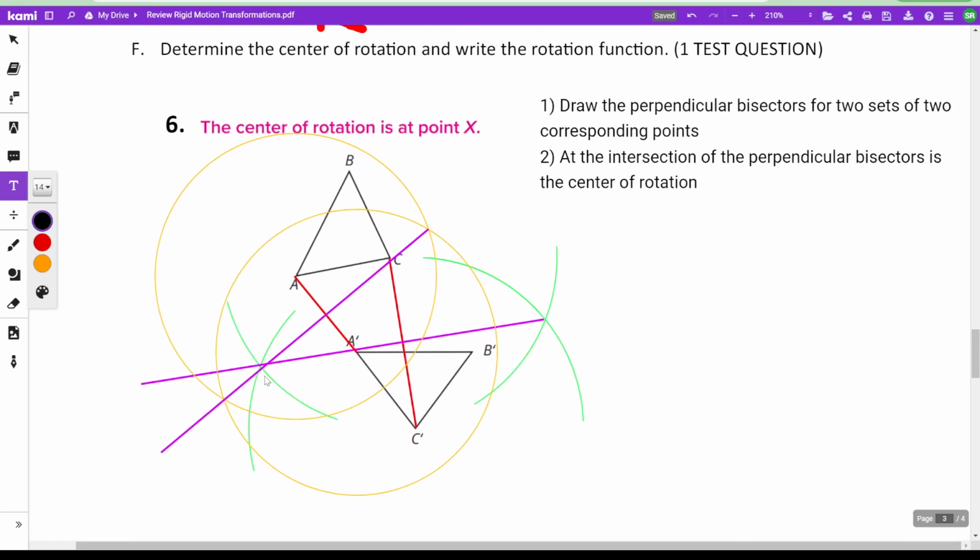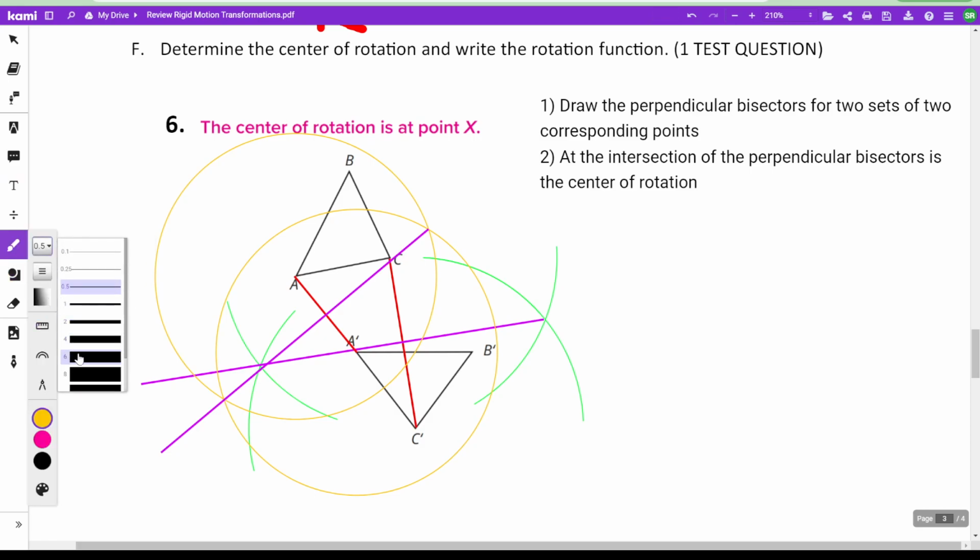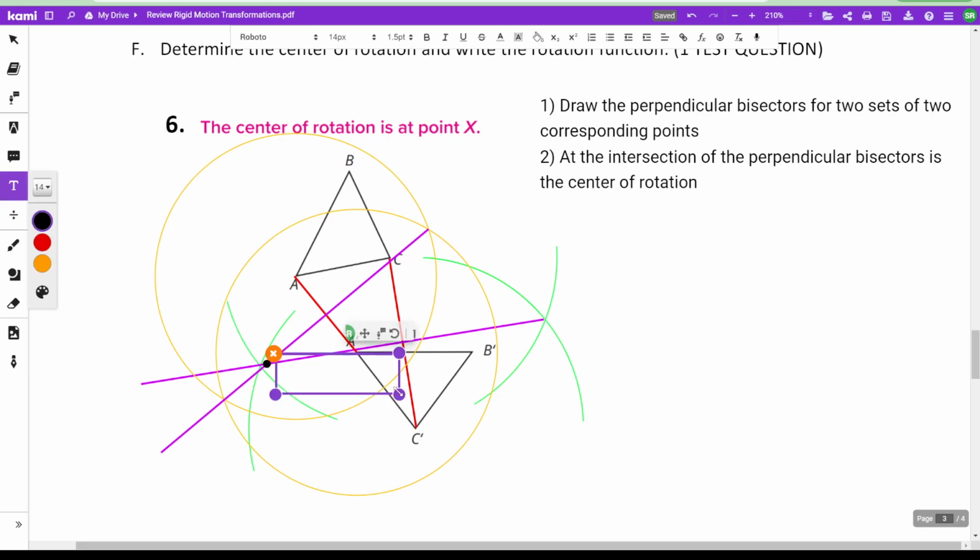So right here where this purple bisector meets this purple bisector, that is the center of rotation. Okay, so I'm going to go ahead and label that with a point. Bang. And here it says the center of rotation is at point X, so I'm going to label that X.